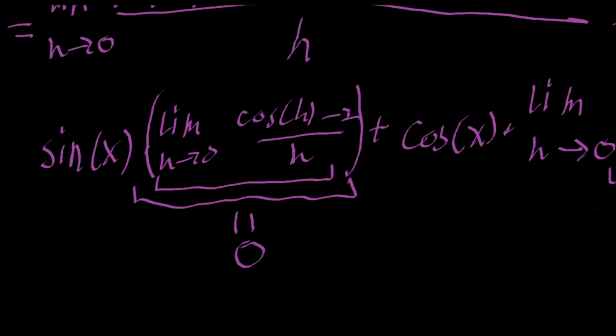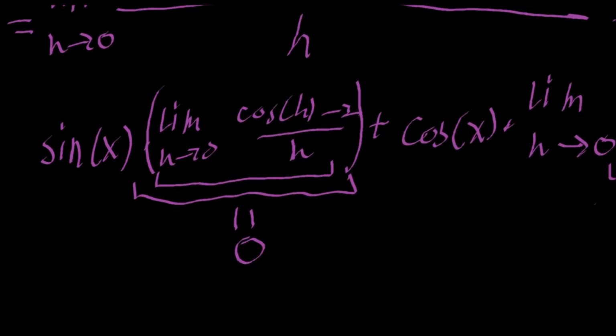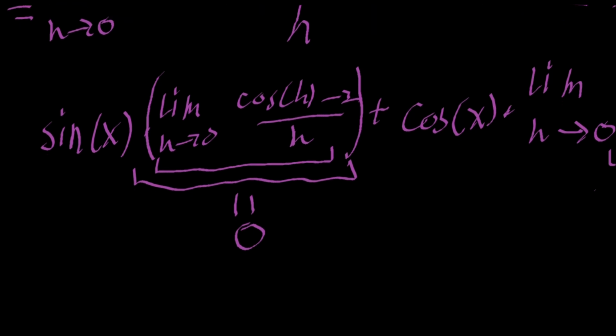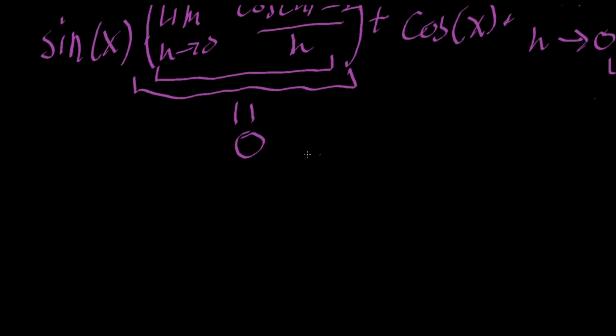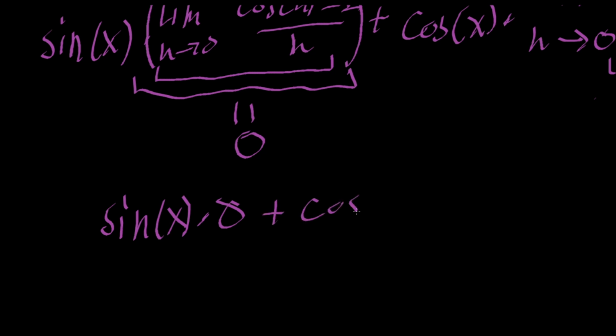So now we can proceed with our proof for the derivative of sine of x, which will be equal to sine of x times 0 plus cosine of x times 1.